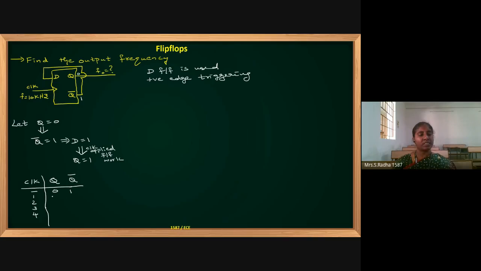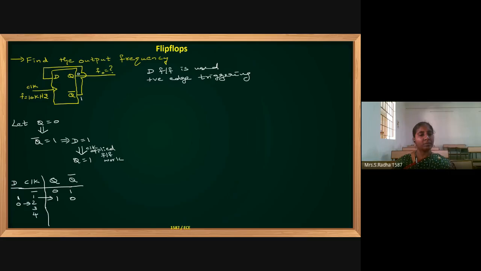This q bar is taken for the input. After the first clock, D will come as it is for the output, 1. Now q bar is 0, and that will be carried on to D.